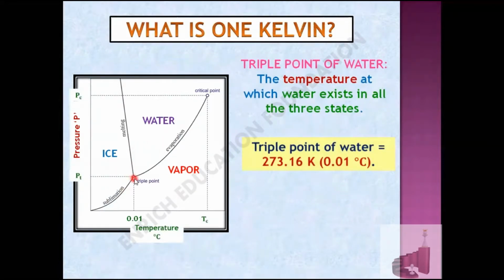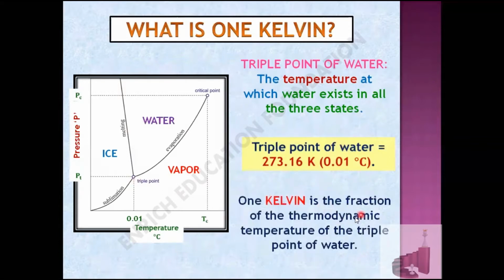This particular temperature at which all the three states of water are present is called the triple point of water. And this triple point of water corresponds to about 273.16 Kelvin, or approximately 0.01 degrees Celsius. 1 Kelvin is a fraction of the thermodynamic temperature of the triple point of water.